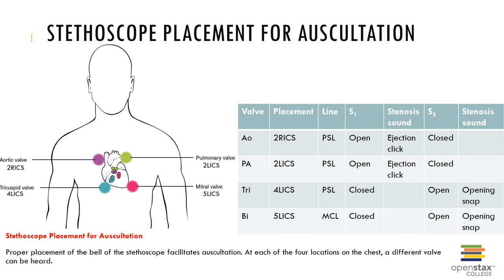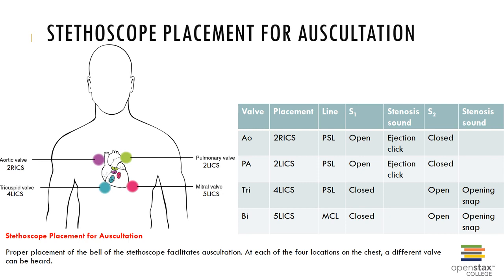The first heart sound, known as the lub, S1, lasts a little longer than the second sound and corresponds to the AV valves closing during ventricular contraction. The second heart sound, known as the dub, or S2, corresponds to the semilunar valves closing during ventricular relaxation.